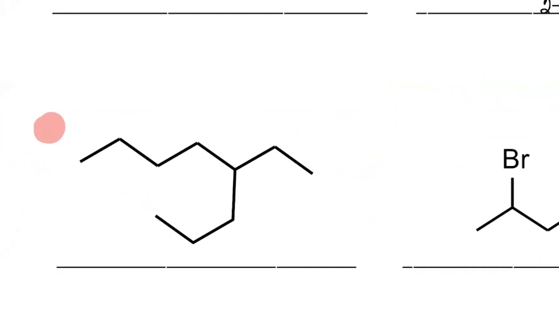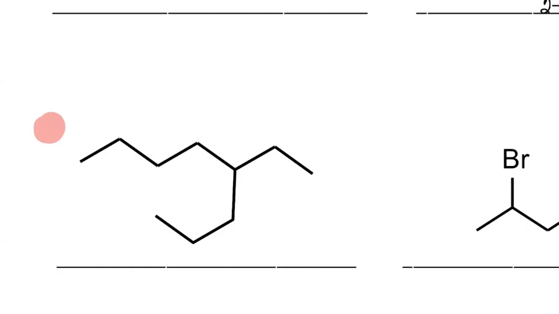What is the longest carbon chain on that molecule? The first molecule on the second row. How many carbons? Ooh, the house is divided between 7s and 8s. Again, longest continuous chain.